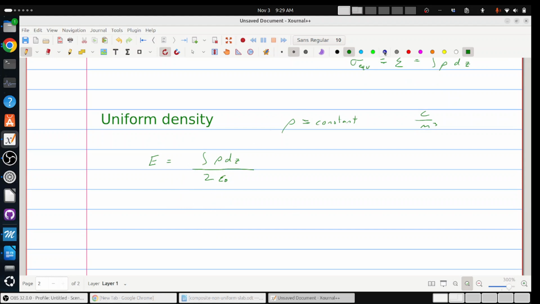But I have to look at it in terms of different regions. When I'm outside the slab, rho is equal to that constant value just inside the slab.